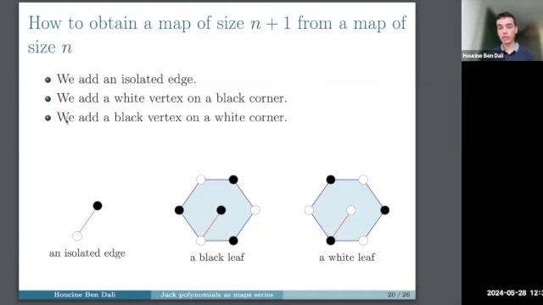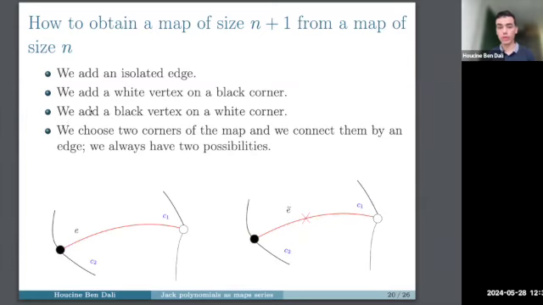But we can also add an edge without using new vertices. So how do we do this? We just choose two corners of the map which have two different colors. So let's say C1 and C2, and then we will connect them by an edge. And since we are allowing non-orientable maps, we always have two possible ways to add such an edge.